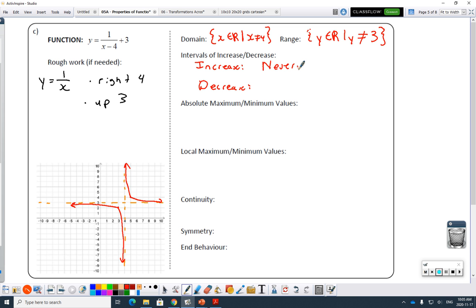Starts back off at the top, and it's always going down. When is it decreasing? It decreases for x less than 4 and for x greater than 4. And you might go, doesn't it just decrease everywhere? No, not at 4. At 4, it doesn't even exist. There's nothing there at 4, so it doesn't do either. No absolute max or mins. No local max or mins.